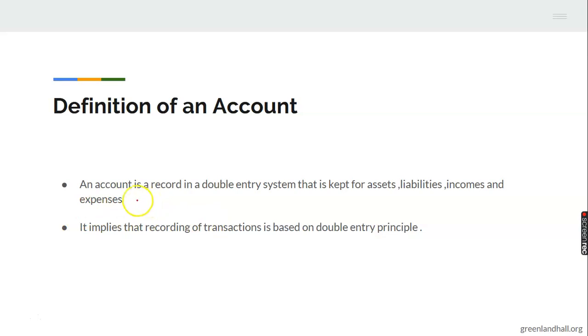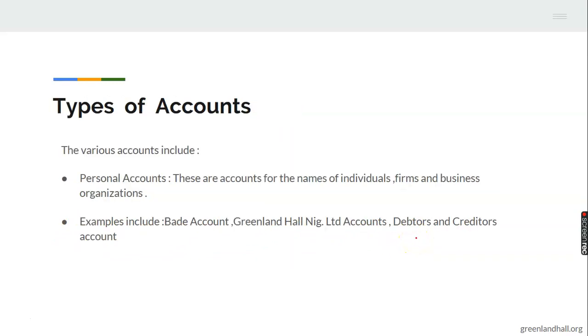In other words, it is recorded or kept following the double entry principle. It implies that recording of transaction is based on the double entry principle, like I mentioned.